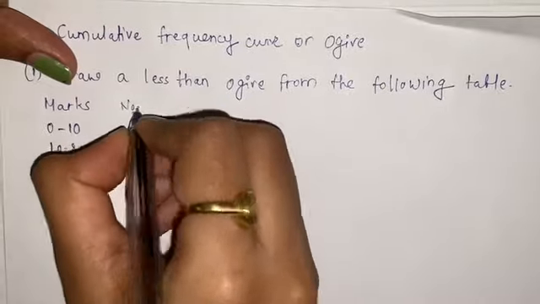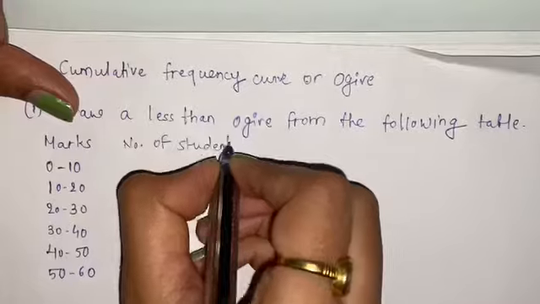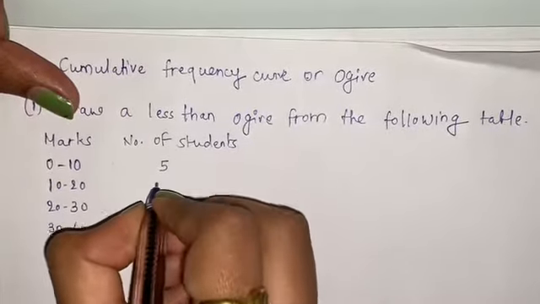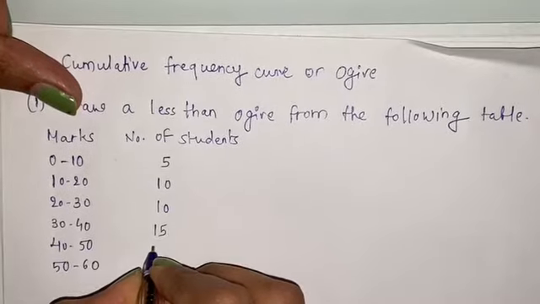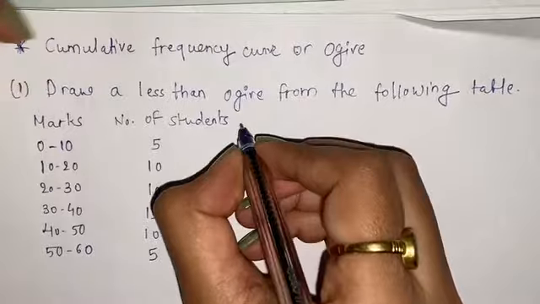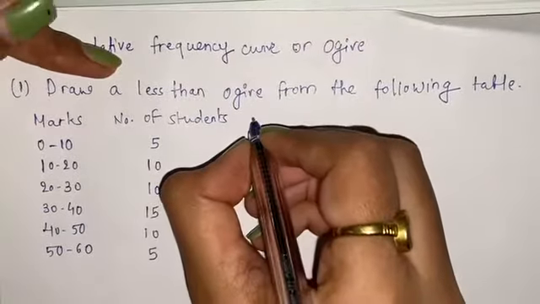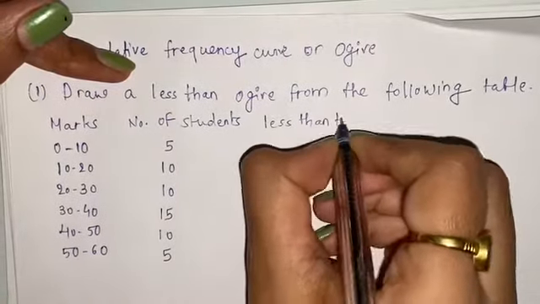Number of students are given, which is 5, 10, 10, 15, 10, 5. Now I have to draw less than type Ogive. So I will write less than type.